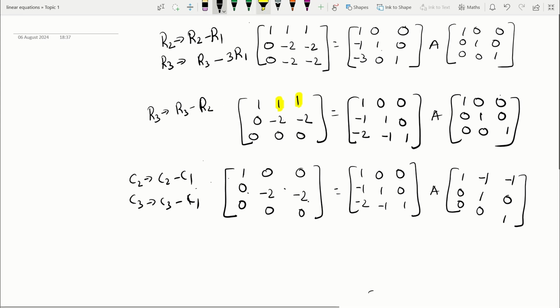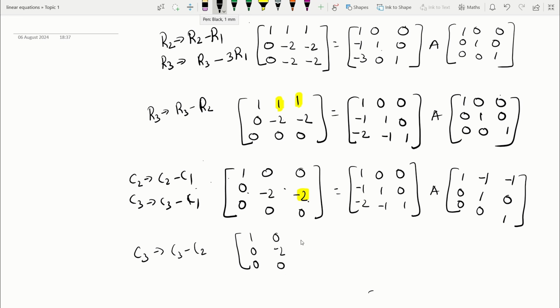If we do C2 minus C1, the C2 elements will change. I write 1 0 0 the same; C2 minus C1: 1 minus 1 is 0, minus 2 is 0. C3 minus C1: 1 minus 1 is 0.